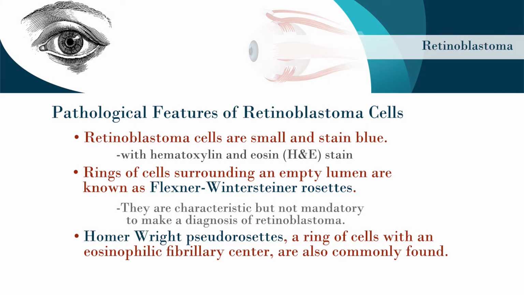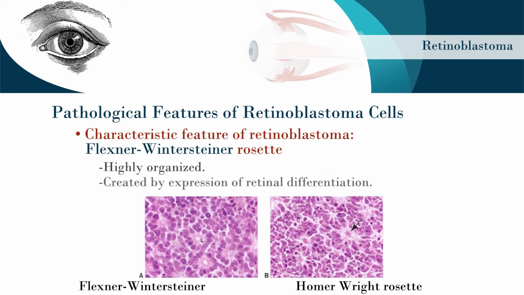If you look at the pathological features of retinoblastoma, the cells are small and stained blue with hematoxylin and eosin stain. Rings of cells surrounding an empty lumen are known as Flexner-Wintersteiner rosettes. They are characteristic but not mandatory to make the diagnosis of retinoblastoma.